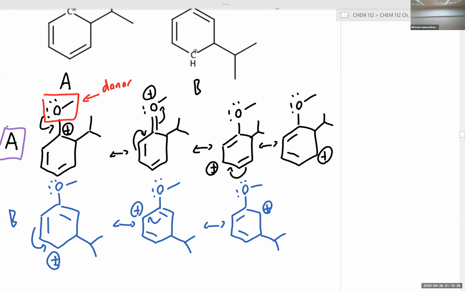And we can essentially boil it down to the fact that in structure A, our carbocation is adjacent to our donor. In structure B, our carbocation is not adjacent to the resonance donor. So we are not able to stabilize our carbocation B via resonance as readily as carbocation A. Does this idea make sense to everyone?